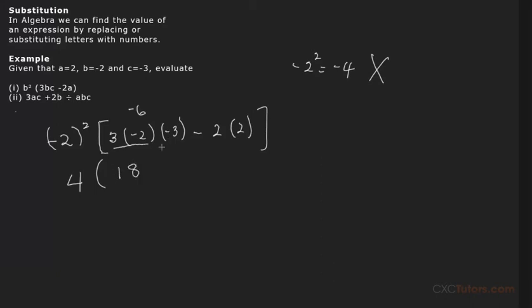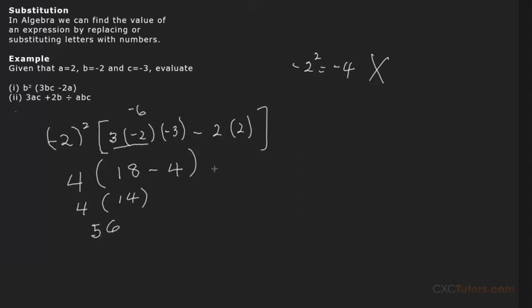Negative times a negative is positive. And then minus 2 times 2, that's minus 4 right there. And so when you work out what is in this bracket, you're going to get 18 minus 4 is equal to 14. So you have 4 multiplied by 14. And so 4 multiplied by 14 will give you a final answer of 56.